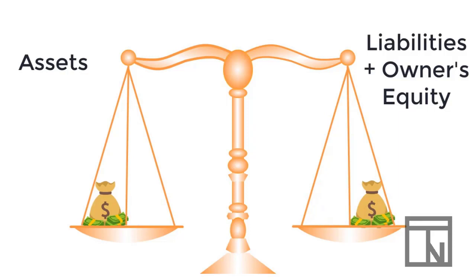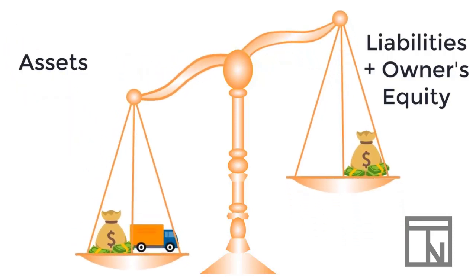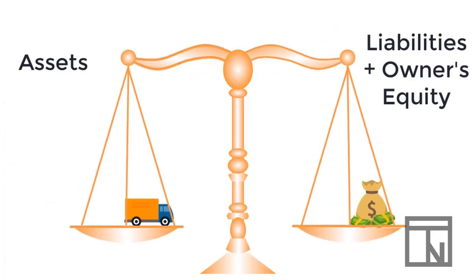Imagine that instead of a loan, the business decided to pay for the truck in cash. It added a truck to the asset side of the equation. But then it took away cash of an equal amount from that same side. Now the scale is in balance again. So every transaction in accounting always has two sides, and each one affects the accounting equation in a different way depending on the transaction.